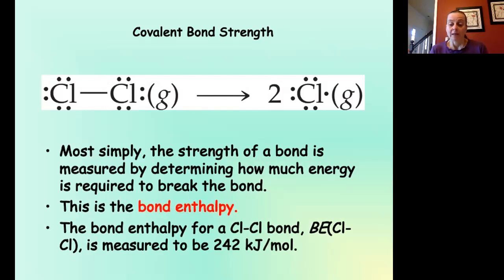So we can use this information. There are tables that give us average bond enthalpies. And so we can use this information to determine the enthalpy of a reaction by determining what bonds are broken and knowing that much energy has to be put in, and what bonds are formed and knowing that that amount of energy is going to be produced.